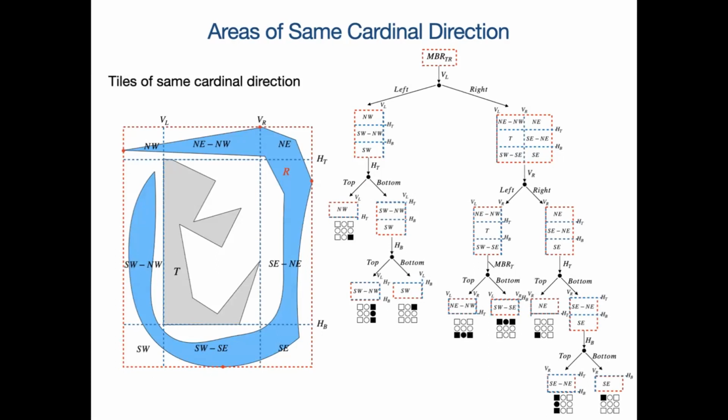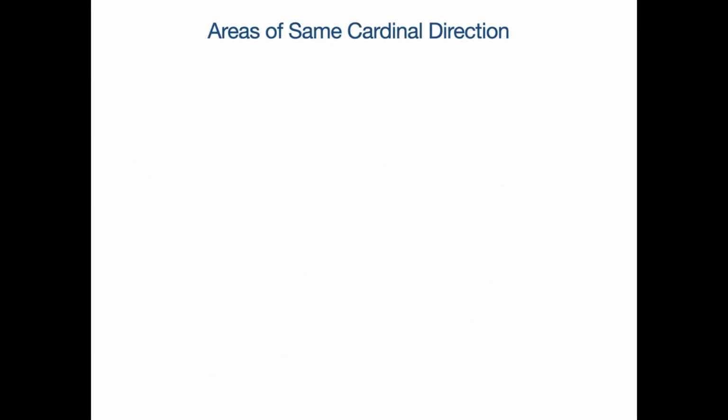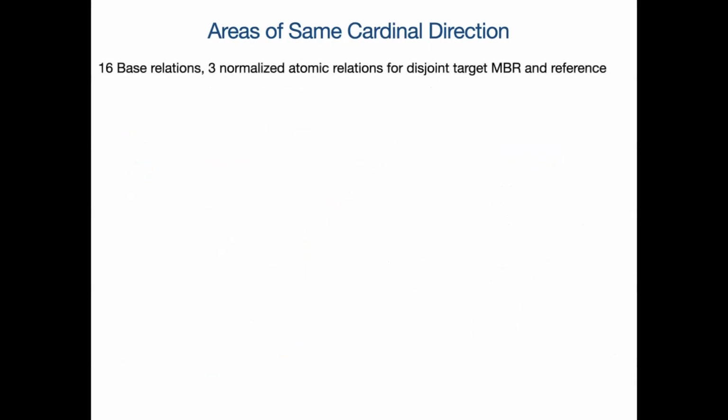This is showing the point to region cardinal directions. And from this exterior space, to explain the exterior of the target object, we are using only the 16 base relations out of the 106 base relations, and the 3 normalized atomic relations for the disjoint target area.